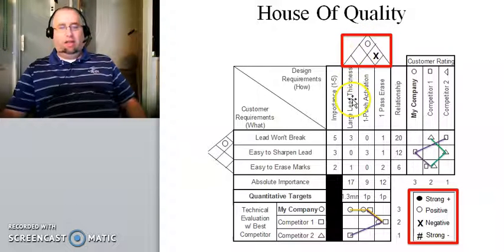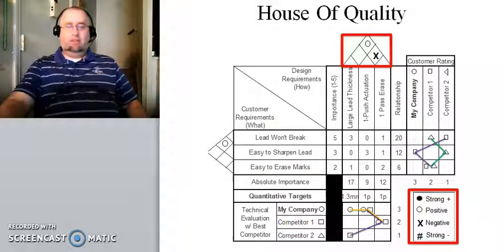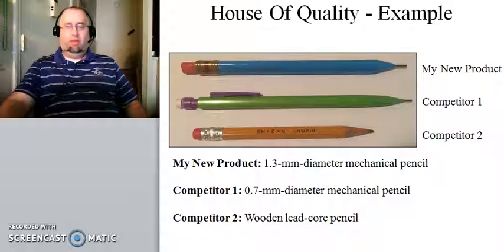There is no correlation between large lead thickness and one push actuation, so this cell is left blank. And one push actuation and ease of erasure, that's this cell, and there's actually a weak negative correlation between them, because if you look back at the original pictures, let me go back to those slides for a moment. There they are.